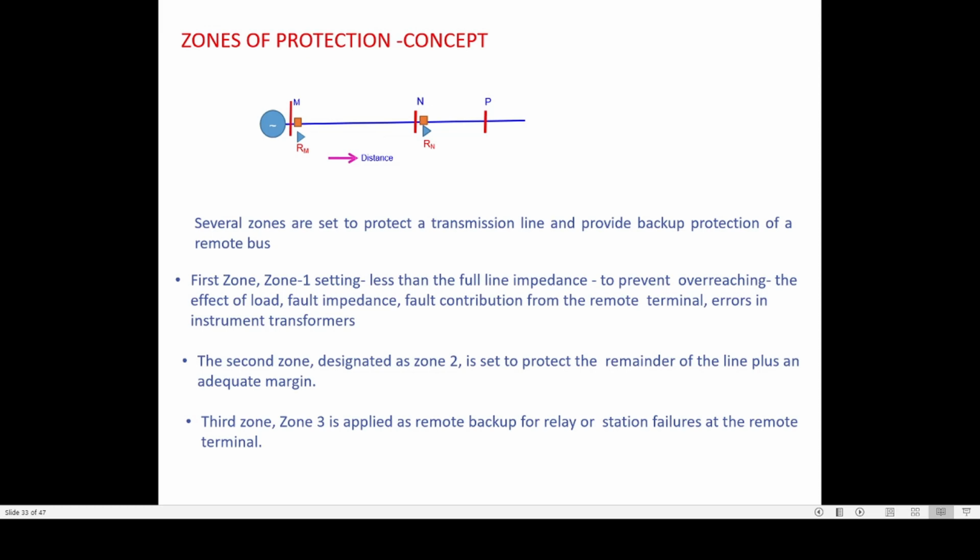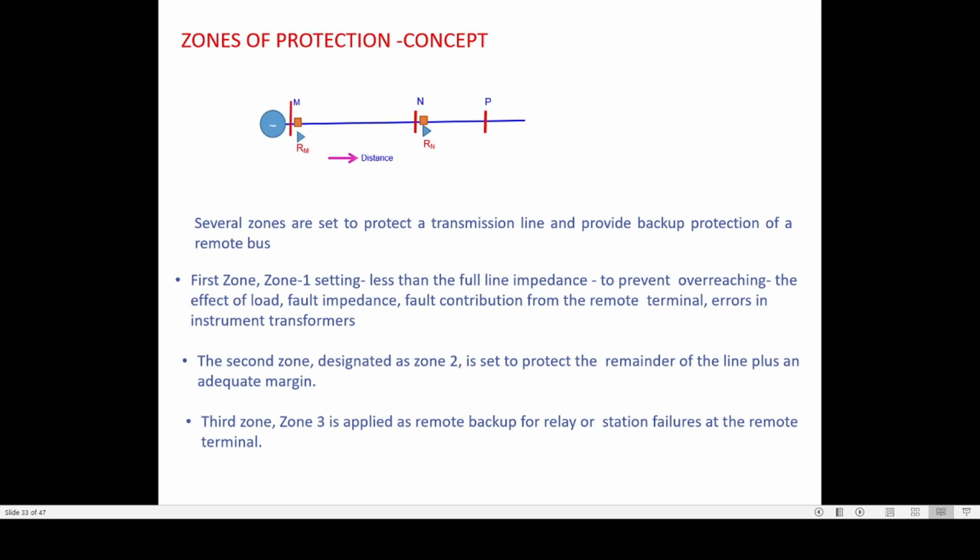And why 80%? If you see here in the line MN, suppose zone 1 is set to 80% and all your errors are contributing plus 5%. That means suppose the CT error is 5, so 80 plus 5 is 85, plus 5 CVT is 90, plus 5 relay is 95, plus 5 the line parameter error.